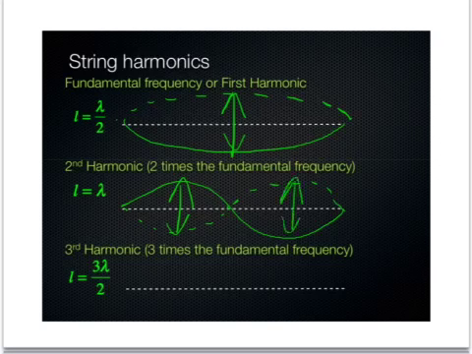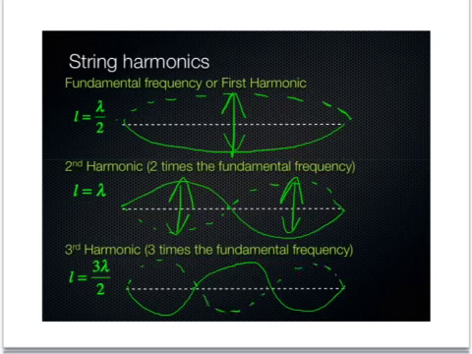And finally, on the slide we have the third harmonic, which means we're going to have two nodes in the middle, and the wave will look something like this. So here we have 2 nodes in the middle and 2 at the end, of course. Now we have 3 antinodes, and the string will appear to vibrate back and forward at these positions.